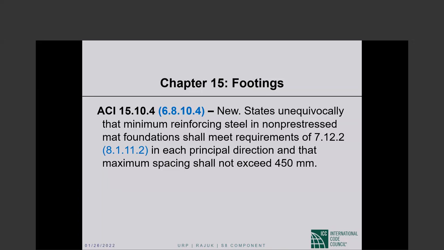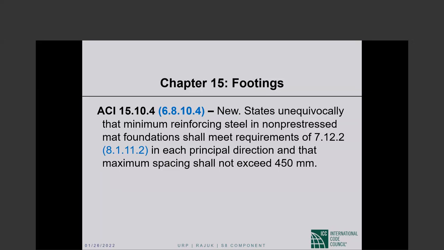So we got infinity of questions. Mat foundations are typically thick. 0.18% of gross is quite a bit of reinforcement. And so there were questions, is it needed, whatever. So now it is unequivocal. In each direction, you need 0.18% of gross. That is the minimum reinforcement in a mat foundation.